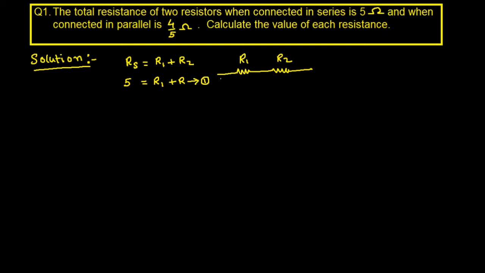Now, when these two resistors are connected in parallel, that means we have it like this, then the equivalent resistance or the total resistance is 4 by 5 ohm.